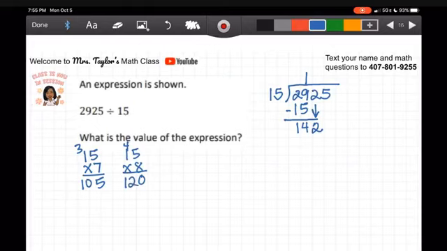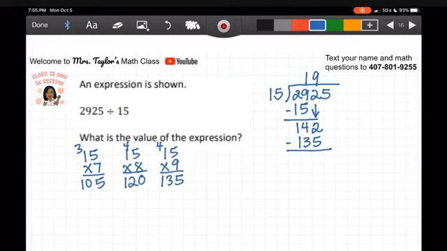And I know that's probably, should I stop? No, let's go again. 15 times 9. It's going to get me 45. 135. So, this is going to be 9. And 9 times 15 is going to be 135.